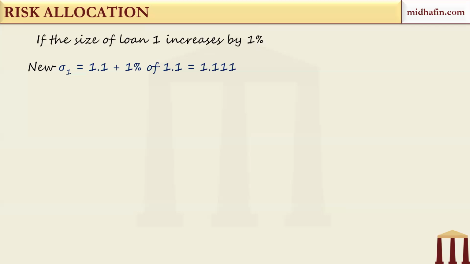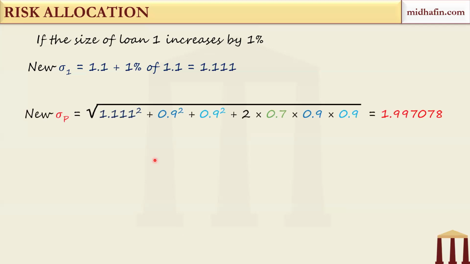Okay. So if suppose the size of loan 1 is increasing by 1%, then this will be the new sigma. So what will be new sigma p in that case? This will be new sigma p. Everything else remains the same.